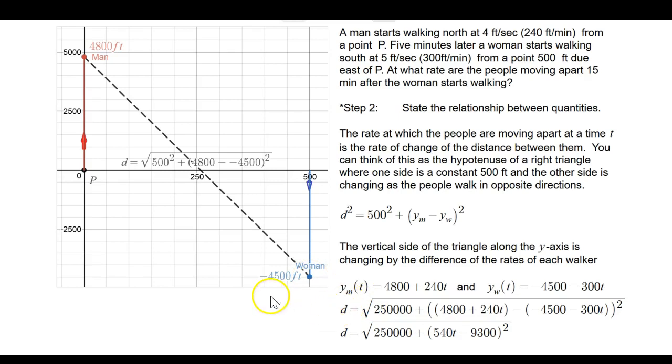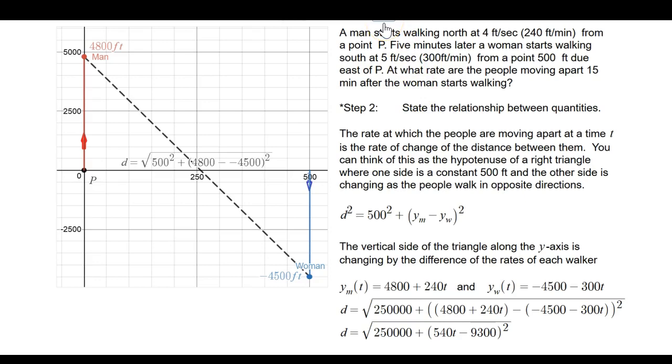So you can see that this gets kind of messy doing it algebraically like this, because the path of the man is actually given as a line with an independent variable of time, same as the path for the woman. And then putting that in the distance formula just gets kind of messy. So there's another way to look at it that would simplify things.